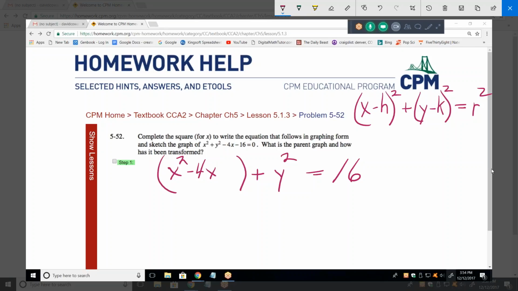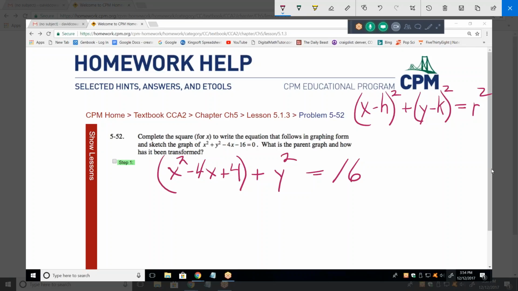Take half of the coefficient that's in front of x and square it. It's half of 4, 2. Square it, 4. And it's always being added.